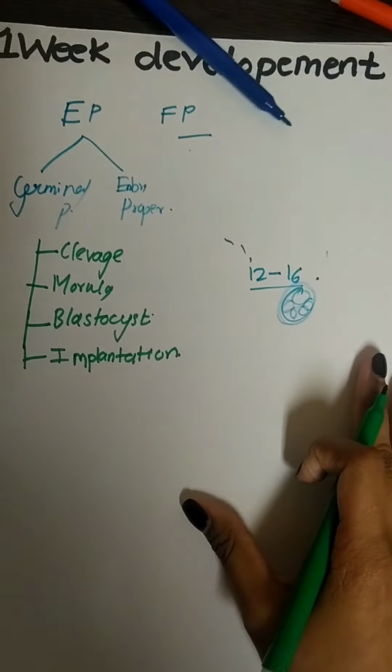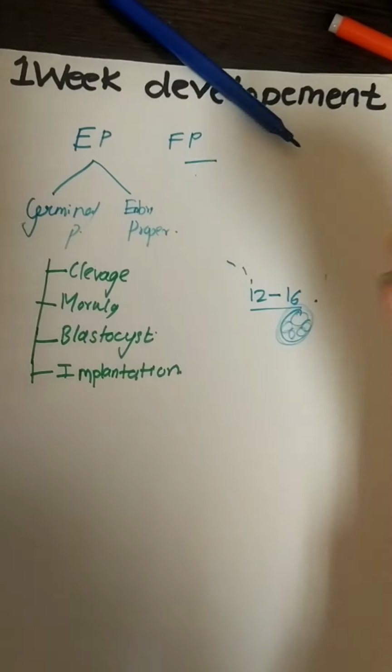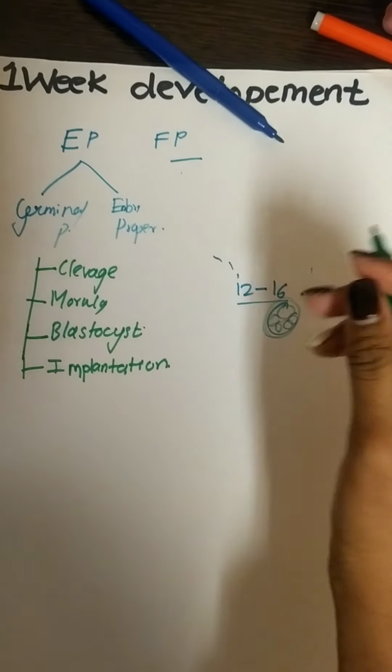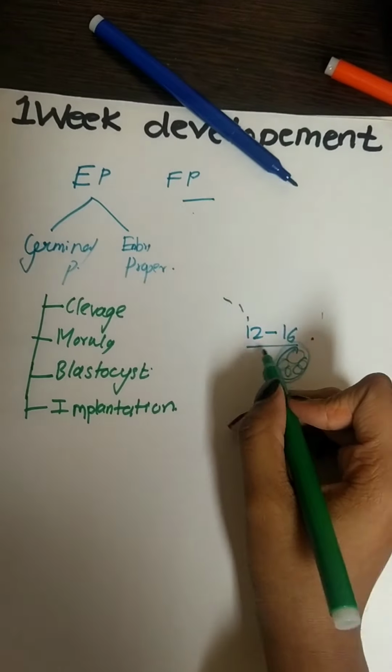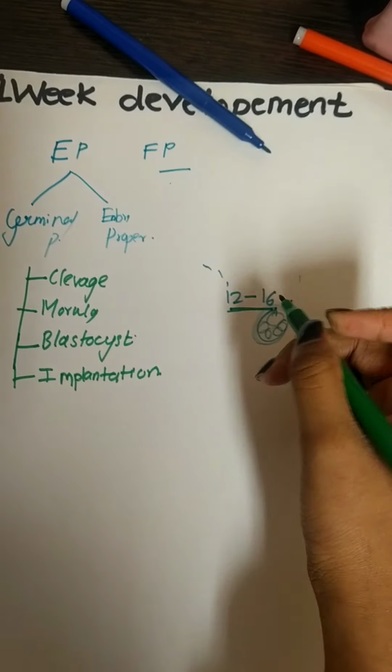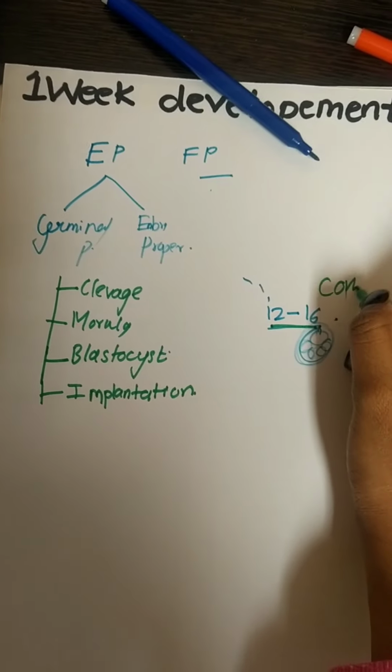The process by which the cells reach 12 to 16 inside the zona pellucida is called compaction.